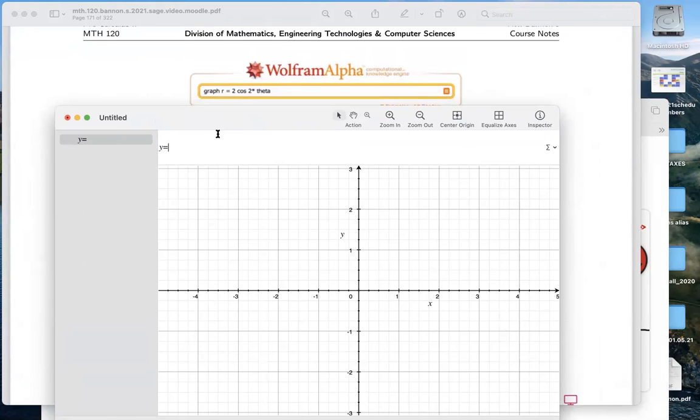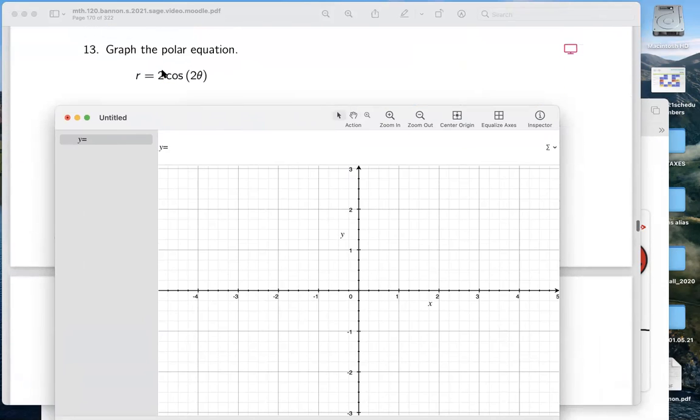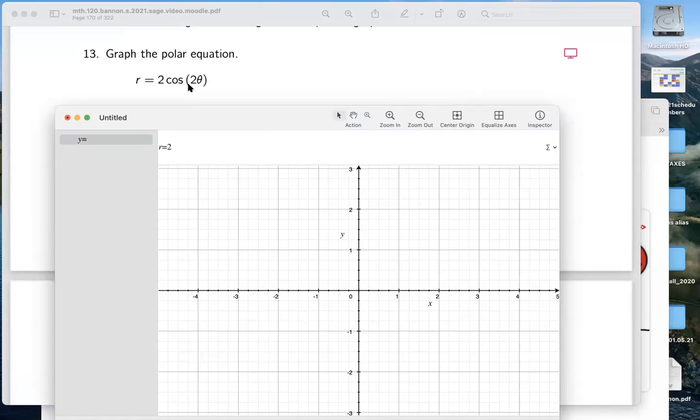So I'm going to put down this one over here, which is r equals 2 cosine 2 theta, right? So I type in the word theta, it actually put the symbol in, and you get this over here.